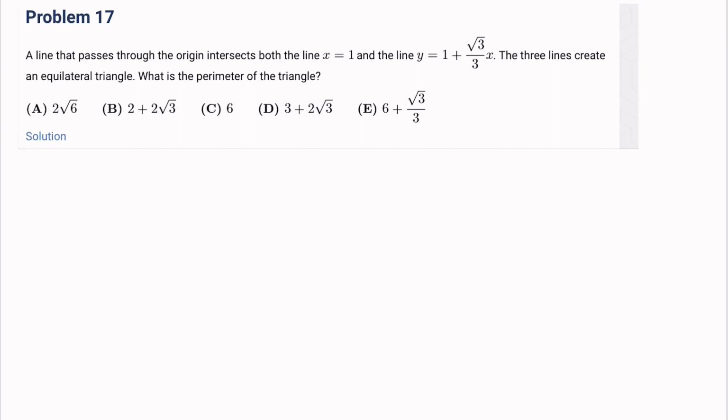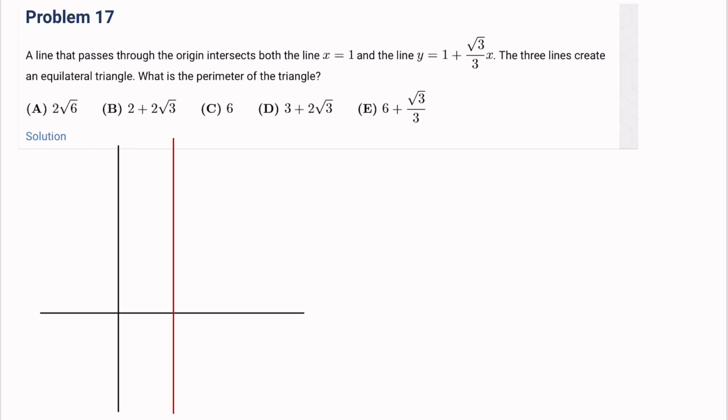Okay, so let's draw a coordinate plane really quickly, like that, right? And so we have the line x equals 1, like that. And the line y equals 1 plus root 3 over 3 x, and this slope is between 1 and 0, so that will be kind of like this, right?